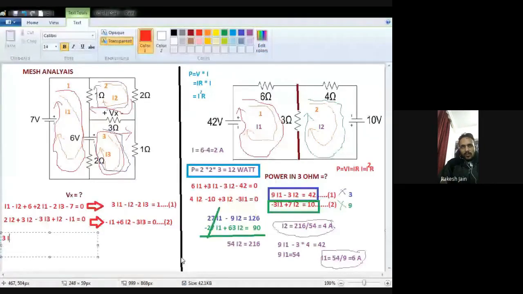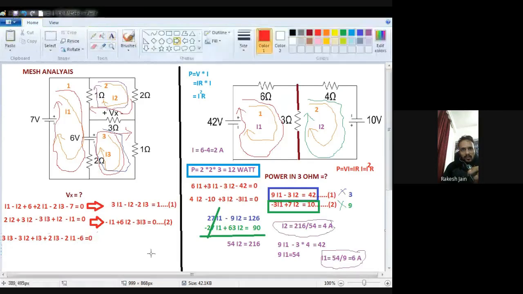Now I am going to write the equation for the third mesh, so my current with positive sign: 3I3, minus 3I2, plus 1 ohm into I3, so I3 only, plus 2 I3, minus 2 I1, then the battery negative sign comes first, so minus 6, equal to 0.